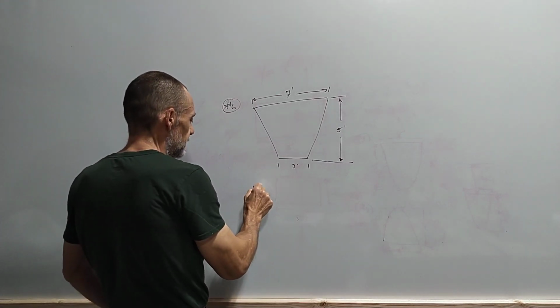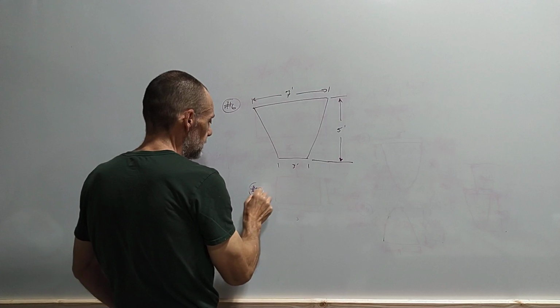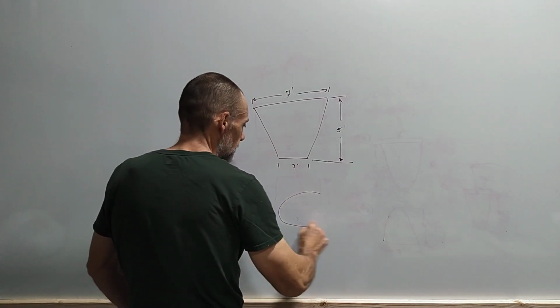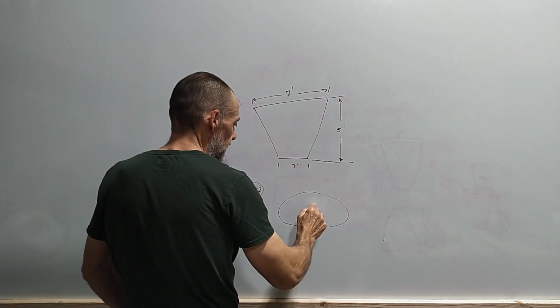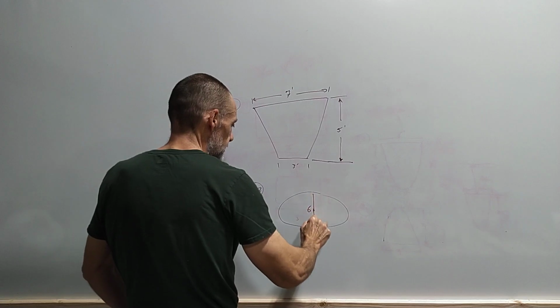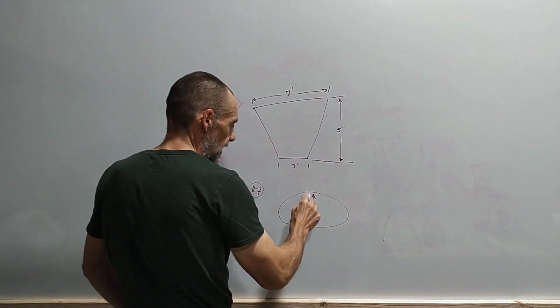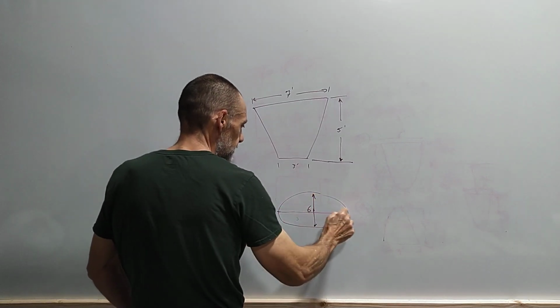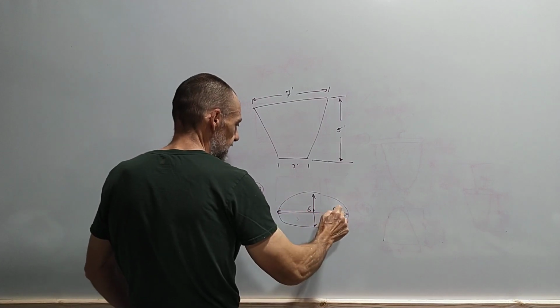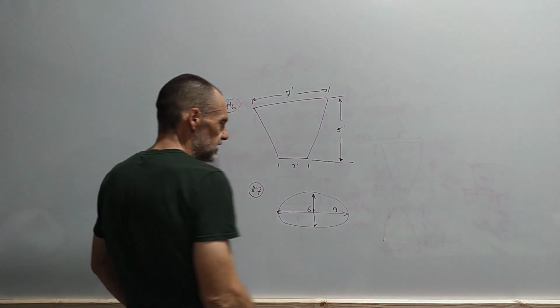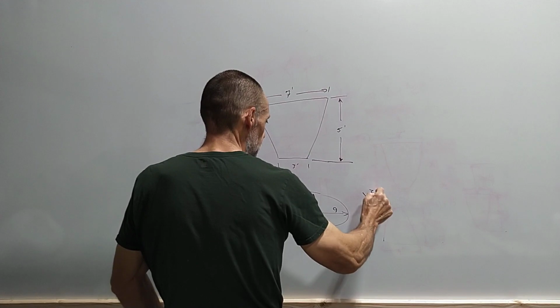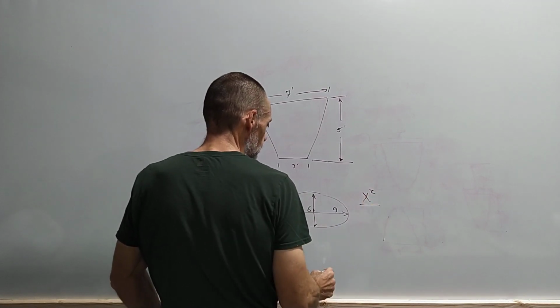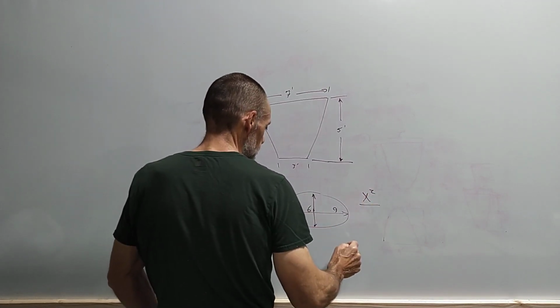Okay. Number 7, we could use an ellipse. Okay, we could use an ellipse that has a height of 6 and a width here of, let's say, 9. Okay, so I think that's going to be x squared over what is it?